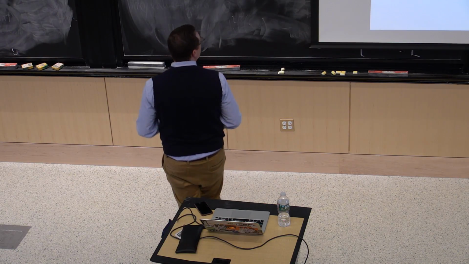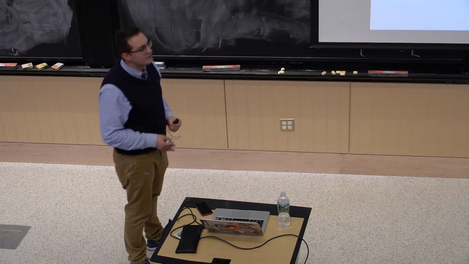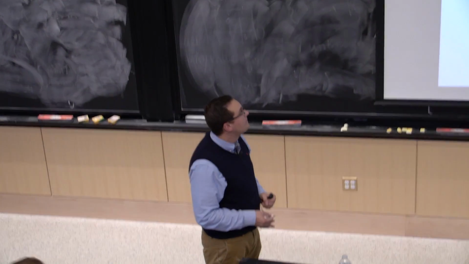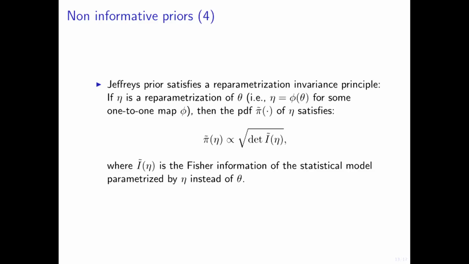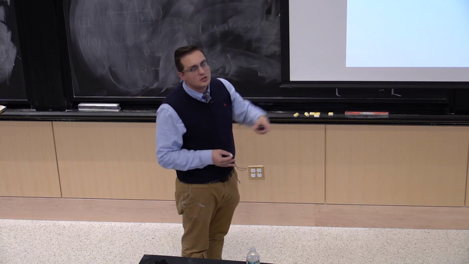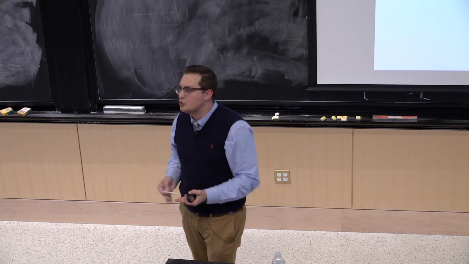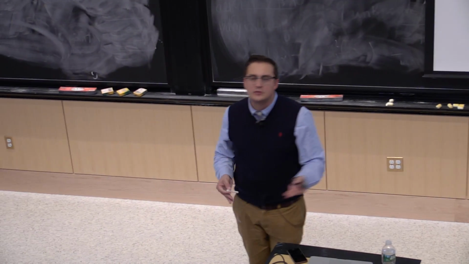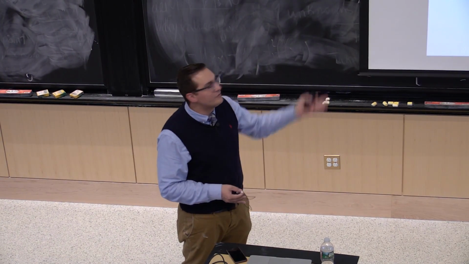All right, so we basically left off on this slide where we saw that Jeffreys priors satisfy a reparametrization property. They're invariant by transformation of your parameter, which is a desirable property. It says that if I have my prior on theta, and then I suddenly decide that theta is not the parameter I want to use to parameterize my problem, and what I want is phi of theta.